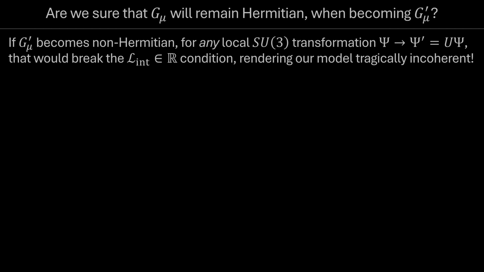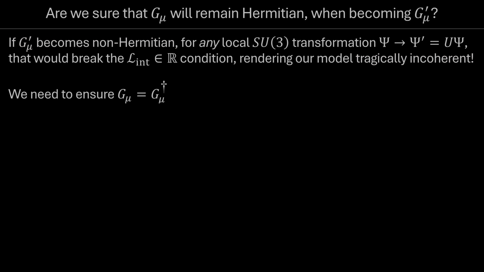Or is the gauge transformation rule going to convert the Hermitian components of G mu into non-Hermitian matrices? Because if that happened, then in that gauge, the interaction term in the Lagrangian would not be real valued, and that would render our whole model tragically incoherent.